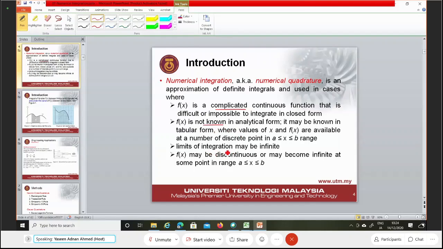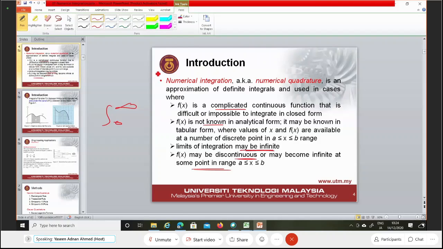If the limits are infinite, like 0 to infinity, you cannot integrate analytically, but you can integrate numerically by approximating the values. And if you have a discontinuous function, we can also perform the integration using a numerical method. These are the basic needs for numerical integration techniques.